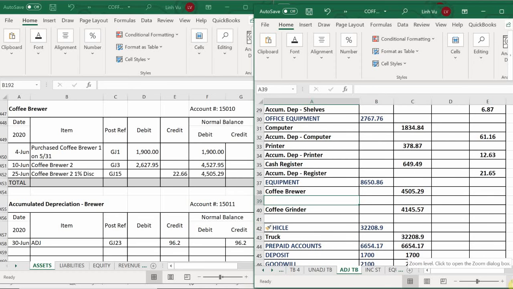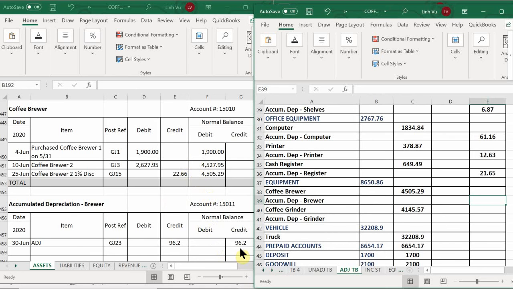So accumulated depreciation brewer and accumulated depreciation grinder. The values of our brewers are still the same.